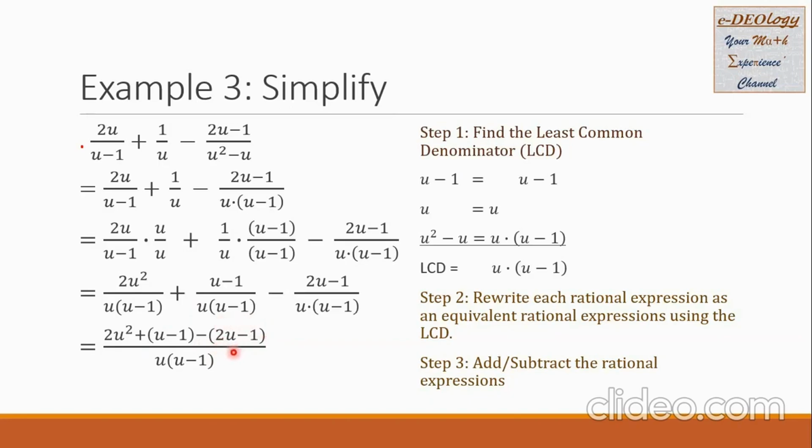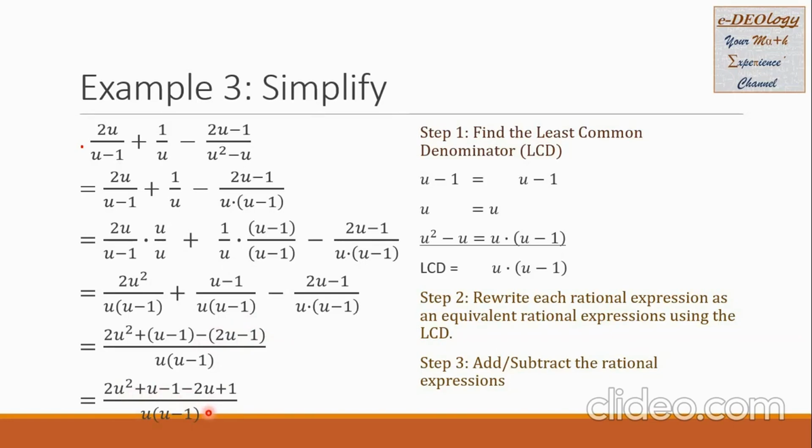So this 2u becomes negative 2u, and then this negative 1 will become positive 1. So it's now here: 2u squared plus u minus 1, and then minus 2u plus 1. Then we just copy the LCD here.